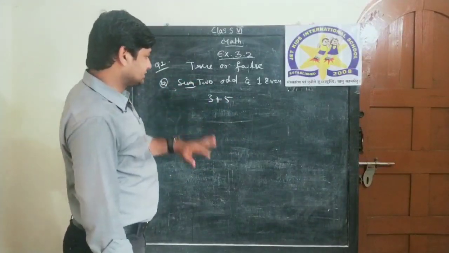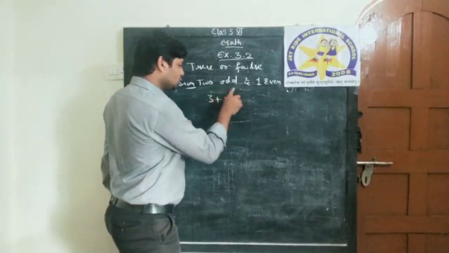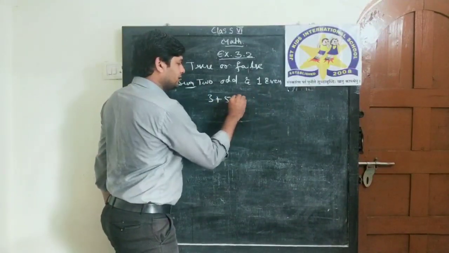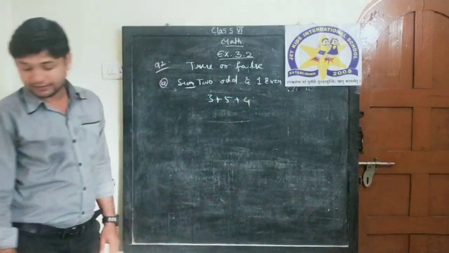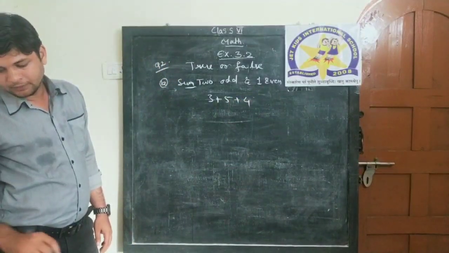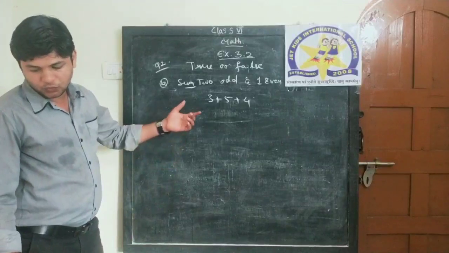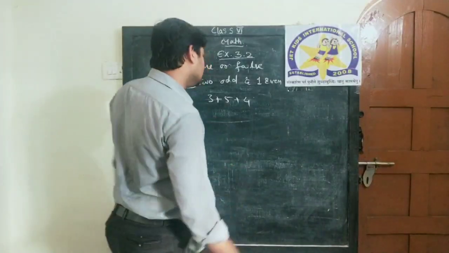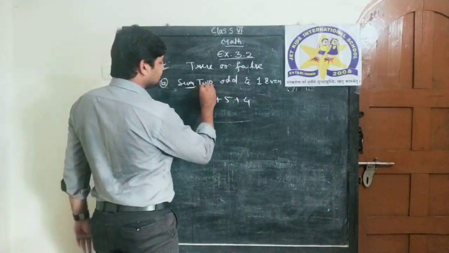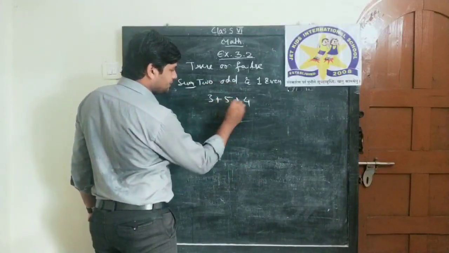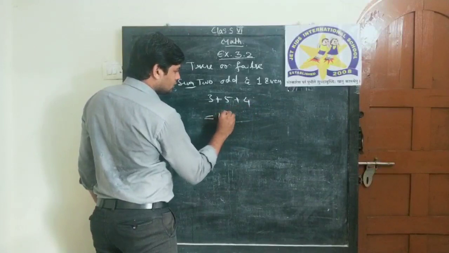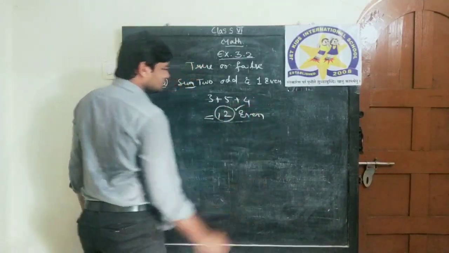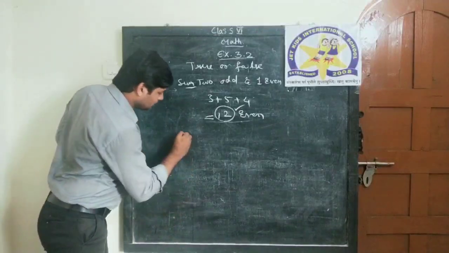Sum, okay, not product. Then one even, I am taking 4. It is given that the sum of two odd numbers and one even number is even; if it is even, then it will be true. So 3 plus 5, 8, plus 4, 12. So it is even. Yes, the statement is true.